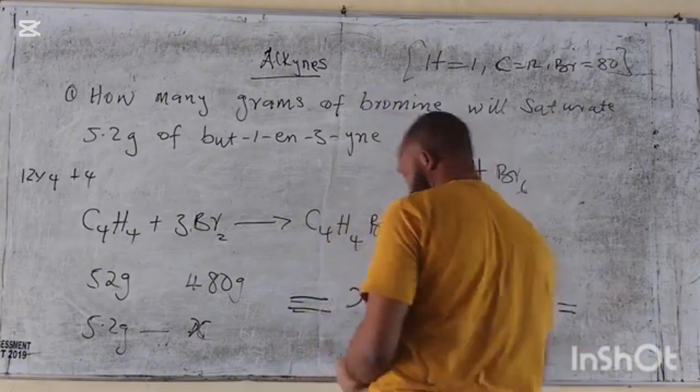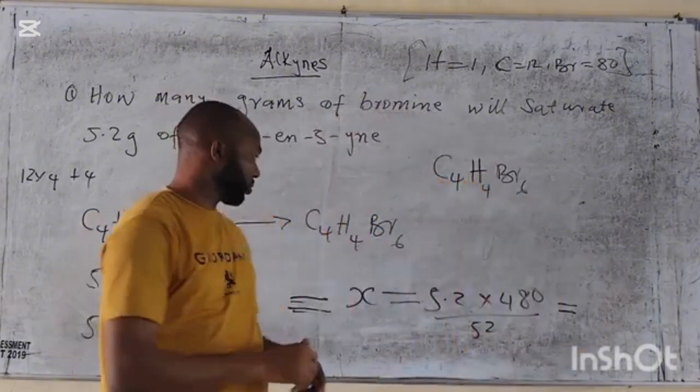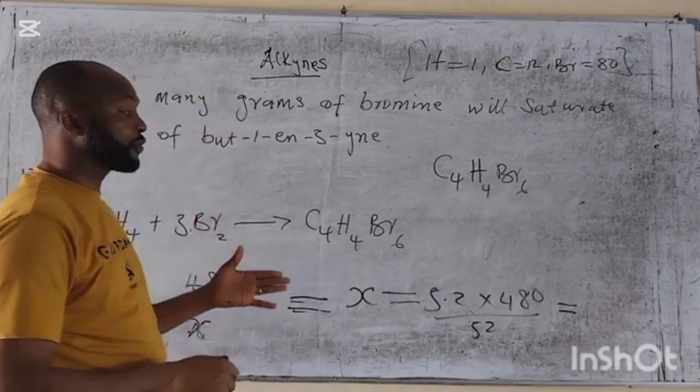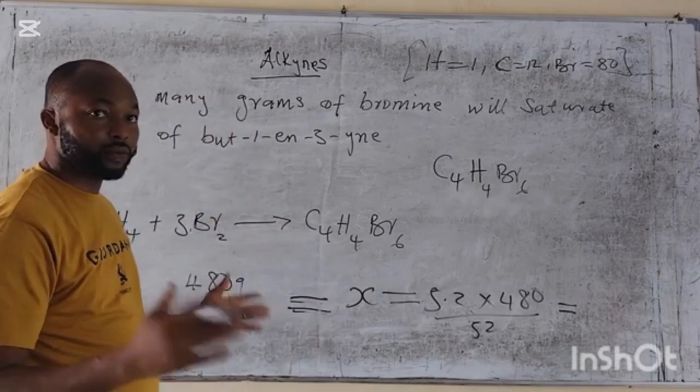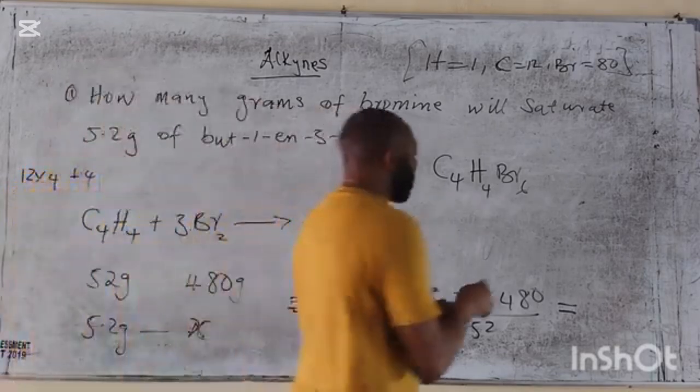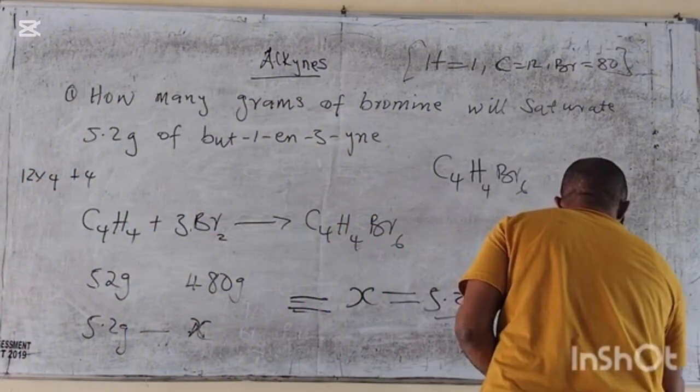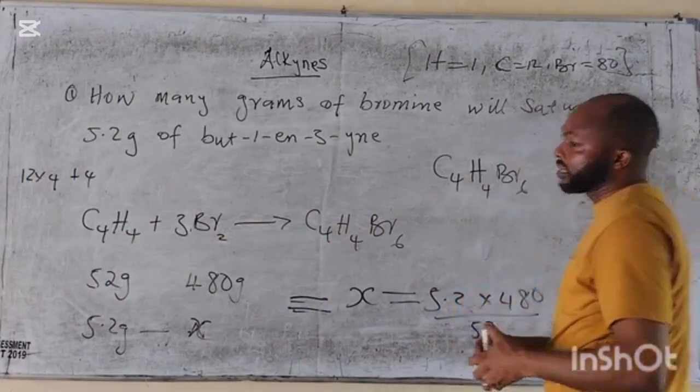And that is equal to 48. You've done that? 5.2 times 480 divided by 52. 48. We're good. So that gives us 48 grams. So that is what they are asking us.